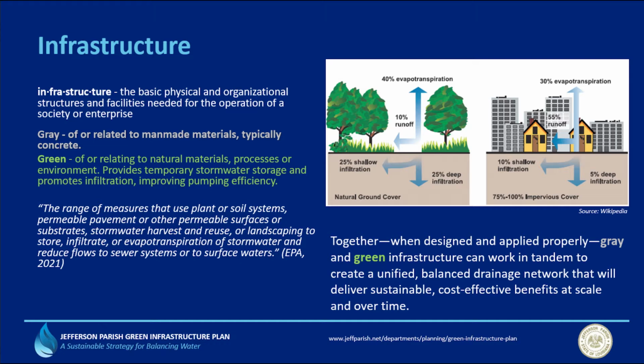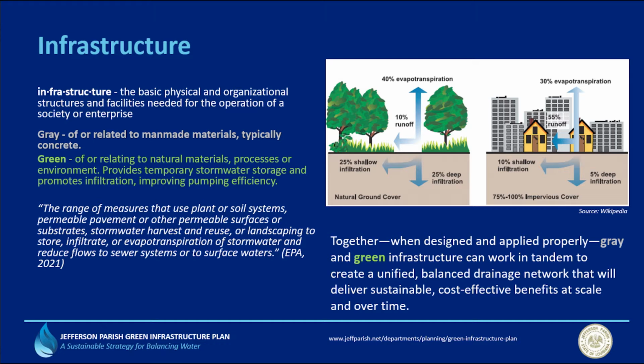In 2019, Congress enacted the Water Infrastructure Improvement Act, which defines green infrastructure as the range of measures that use plant or soil systems, permeable pavement, or other permeable surfaces or substrates, stormwater harvest and reuse, or landscaping to store, infiltrate, or transpirate stormwater and reduce flows to sewer systems or to surface waters.